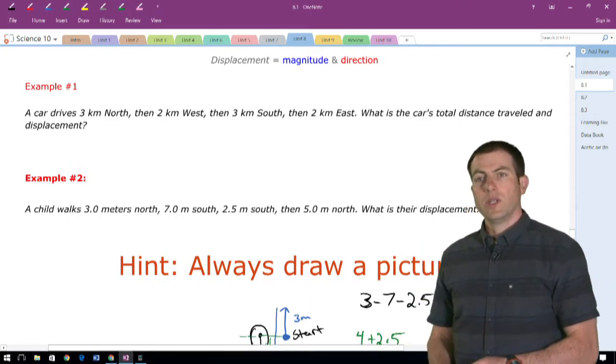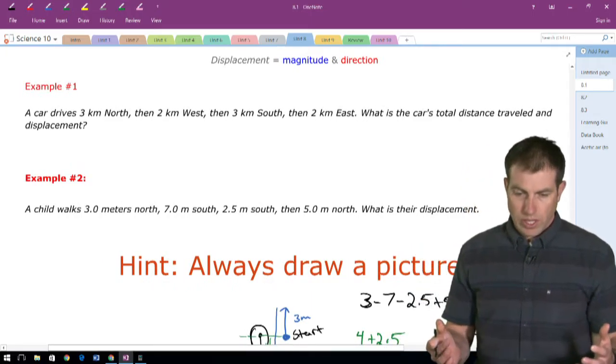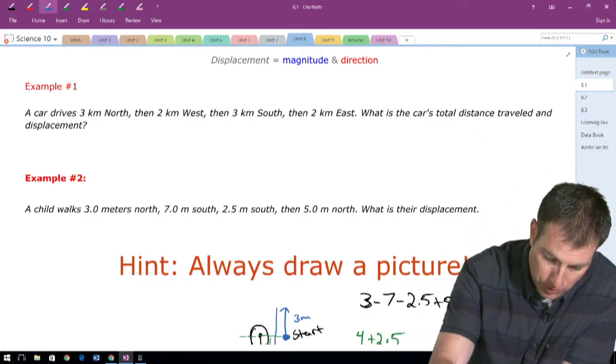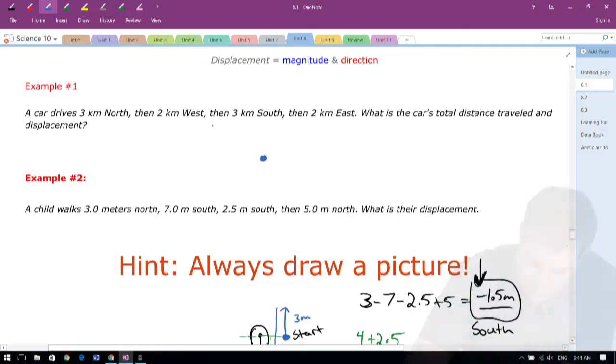So far we have done just arrows, but now these arrows are going to represent how far we've actually gone. So let's see if we can figure things out here. I'm going to start here, and I'm going to go 3 kilometers north. Maybe I'll draw a little compass here, north, east, south, west, just to remind myself which direction is which. So I'm going to start here. I'm going to drive 3 kilometers north. So there's 3.